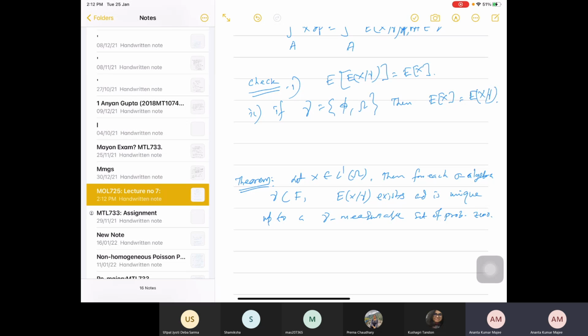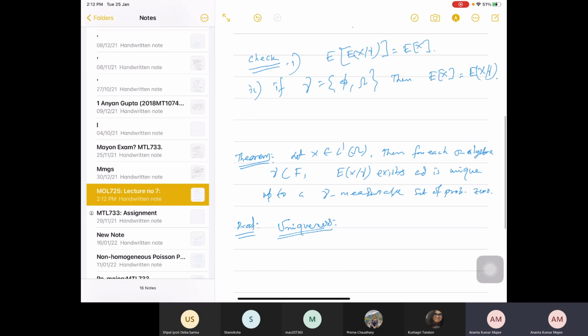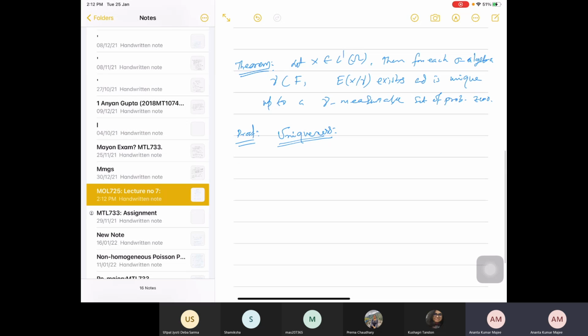Let us first do the proof of uniqueness. I think in your probability course you know this theorem, but we have not done the proof, so here I try to give a nice proof.